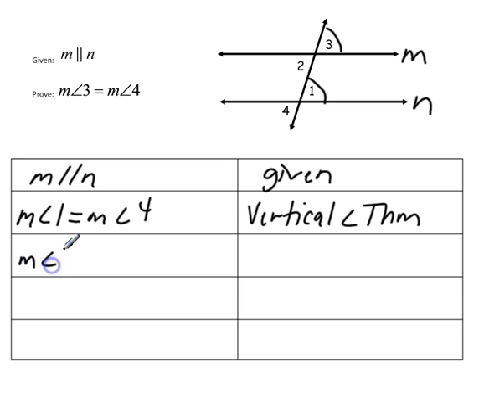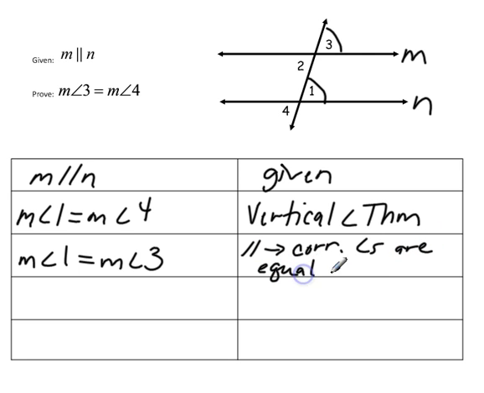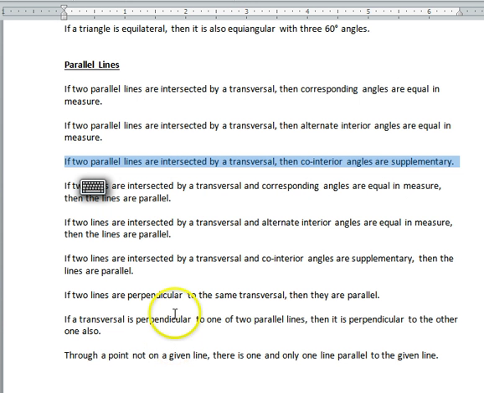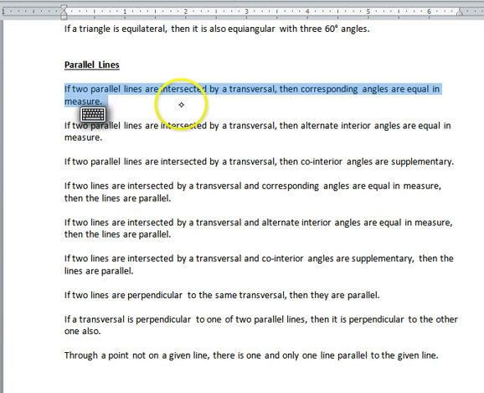We also know that the measure of angle 1 is equal to the measure of angle 3 because parallel lines implies that corresponding angles are equal in measure. That's this top one here. If two parallel lines are intersected by a transversal, then corresponding angles are equal in measure.